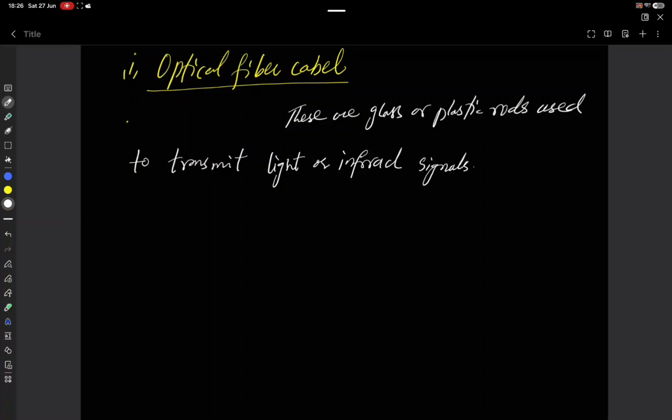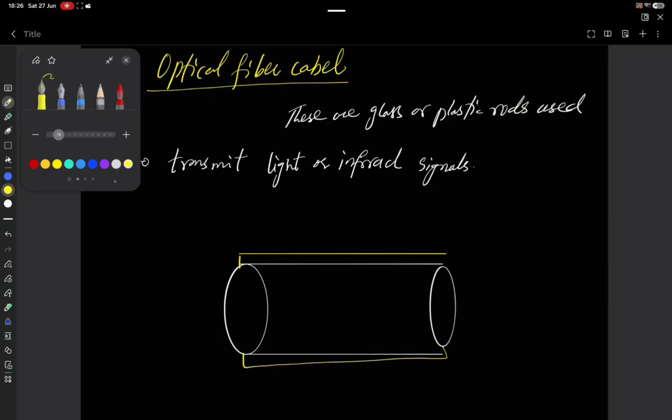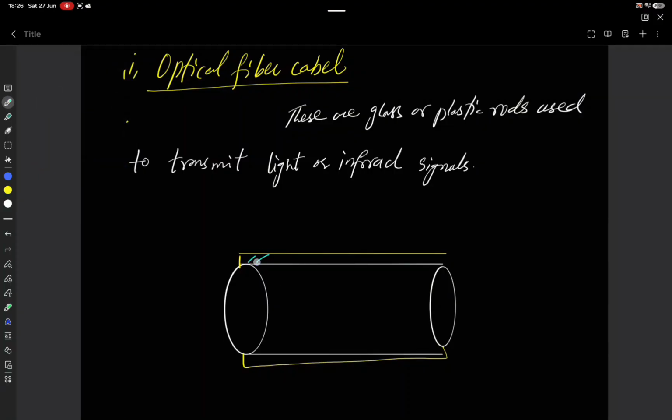So in the optical fiber cable, we have these glass rods. These are the two layers of glass, one of high refractive index and one of low refractive index.